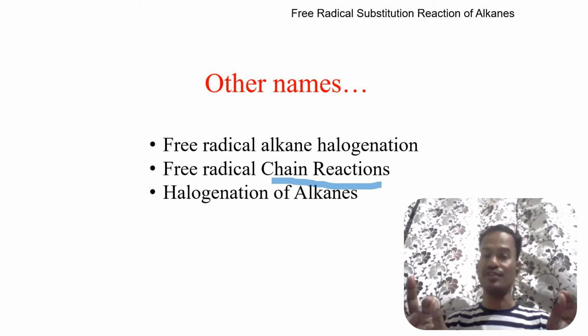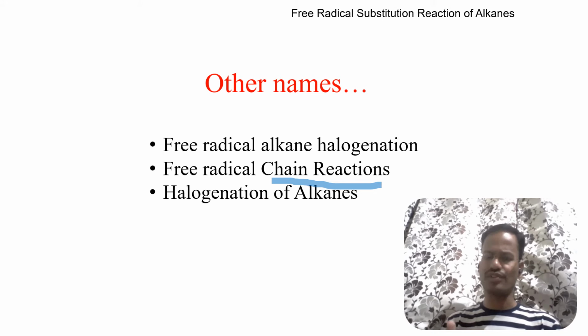That's why it is called a chain reaction. It is a continuous process. Of course, while I'm explaining the mechanism, you will understand what exactly these chain reactions are, and what exactly I mean under this chain reaction. Now let us try to see the example.